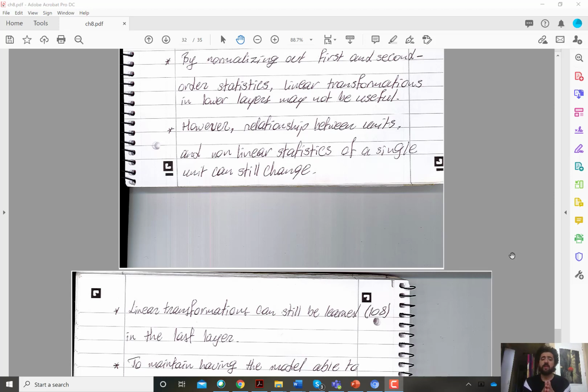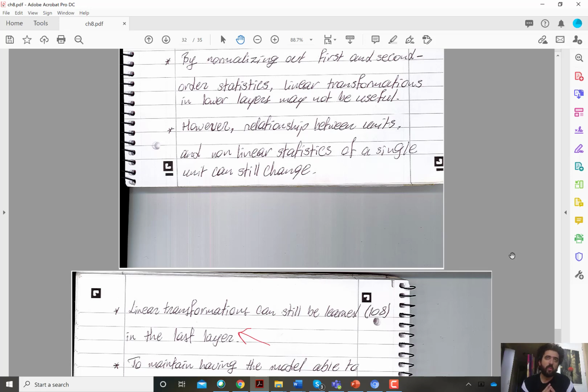That could be a catastrophic problem if we could not learn any linear transformations in the network, but thankfully we can still apply linear transformations in the output layer. So it's not that bad, but you actually change the expressive power of the network.